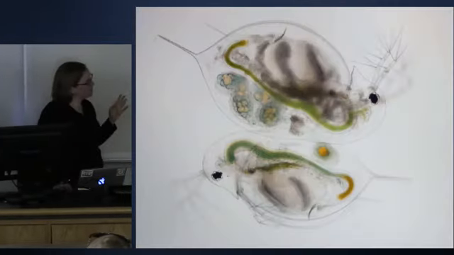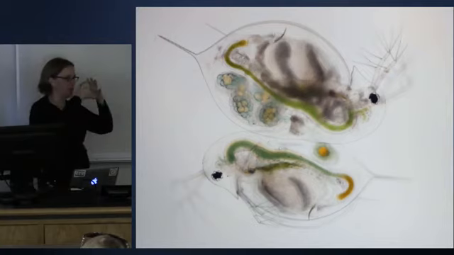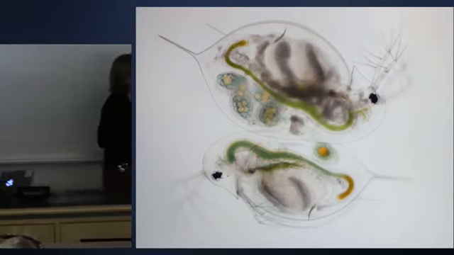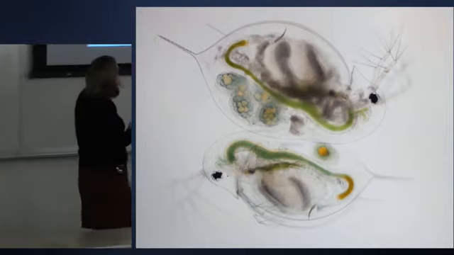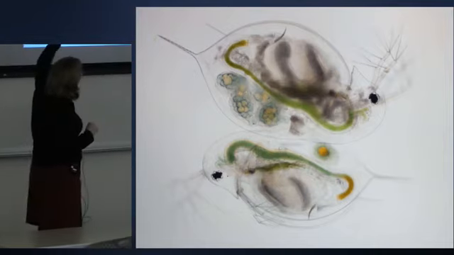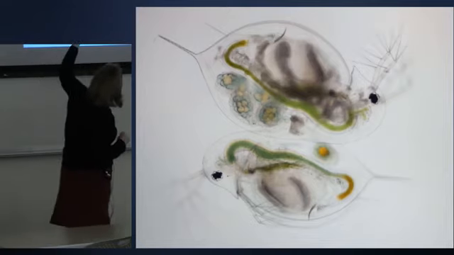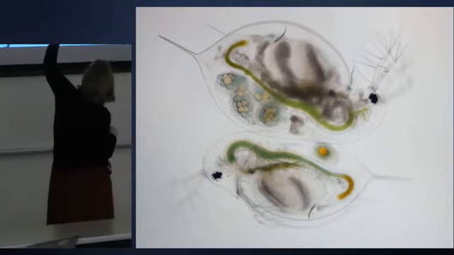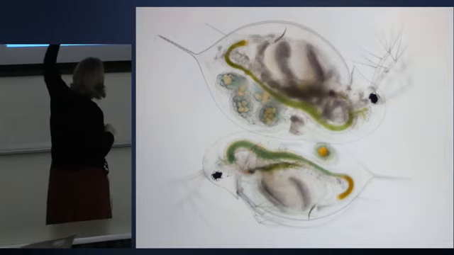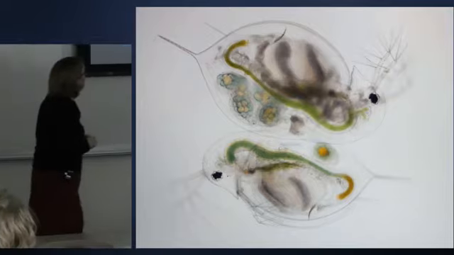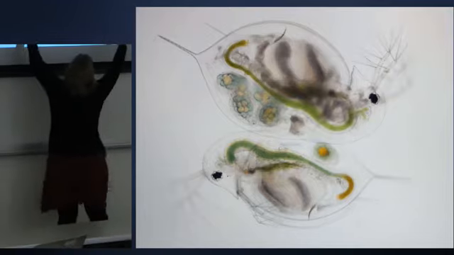And so the previous slide had sort of the cartoon version where we're thinking about these circles. But I think a lot of the results also can be summarized by this picture. So these are two Daphnia who are the same genotype and the same age. And the one on the top, it's a little hard to see. Her gut is green, and this one is more of a blue-green. So they've been feeding on different algae. This one is notably shorter.